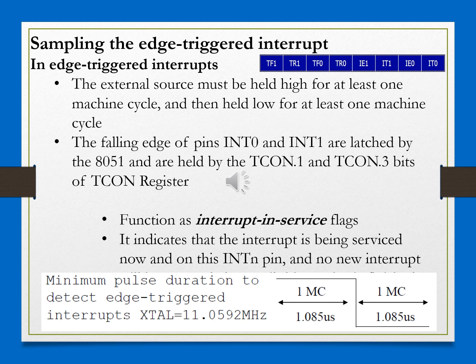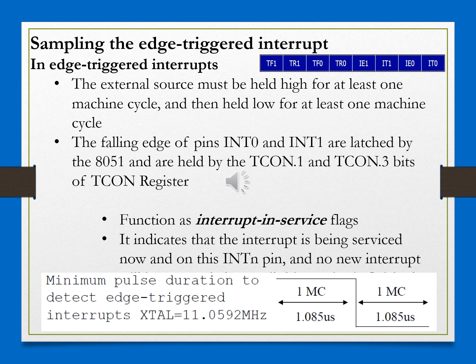Whenever there is a high to low transition, in order to ensure that there is a high to low transition, the signal has to be high for at least one machine cycle, and it should be low for at least one machine cycle to ensure that the transition is seen by the microcontroller. So that care has to be taken at these external pins.